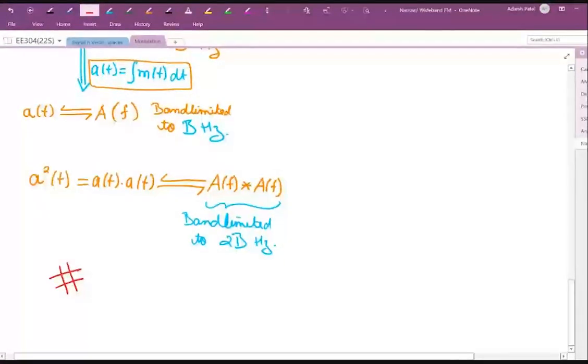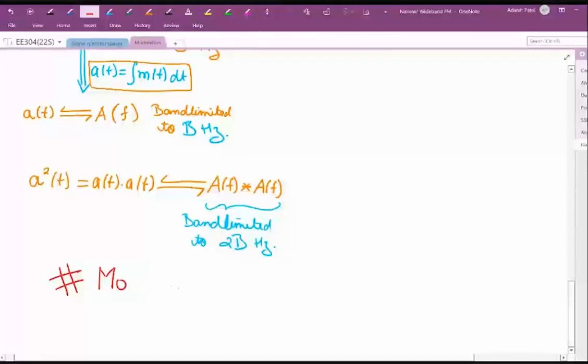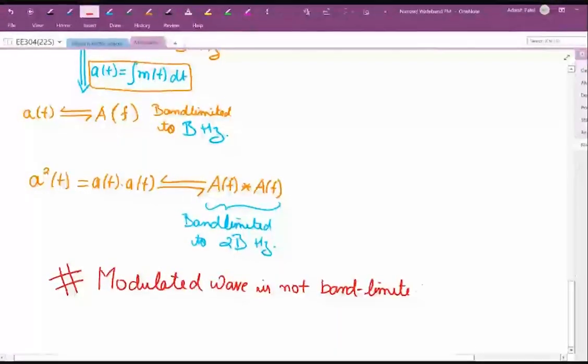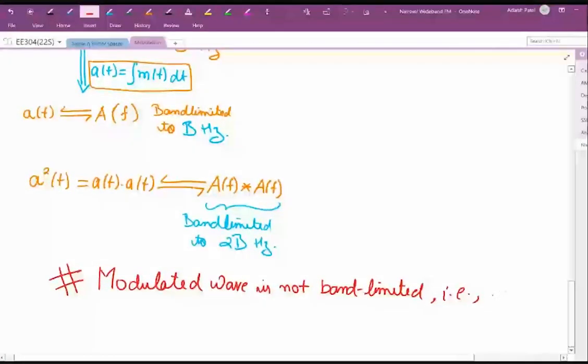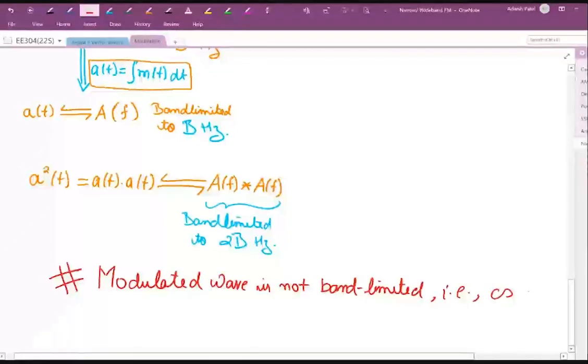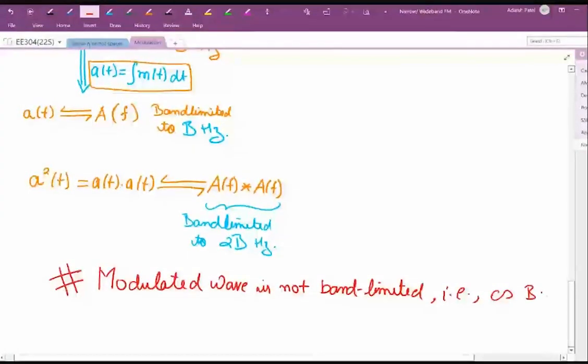This is what I'm coming on to. So what have we just concluded? That the modulated signal wave is not band limited, and hence has infinite bandwidth, theoretically.